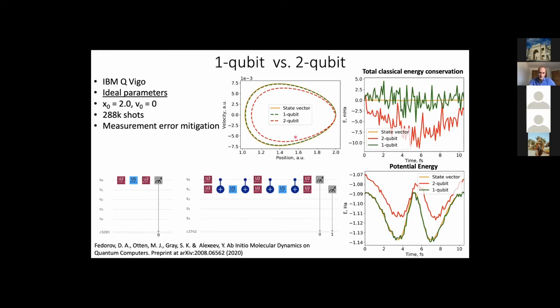And you see this deviation on the trajectory for the 2-qubit system from the state vector simulator. This is due to the fact that we add extra gates, and mostly due to these CNOT gates, which on this hardware each have an error rate of around 1%. And this is the result we get due to those errors.